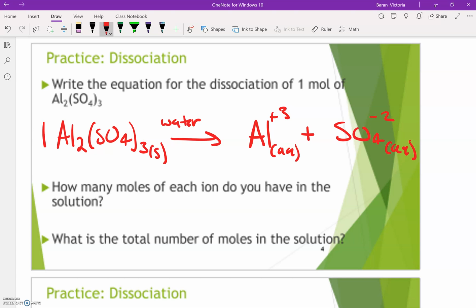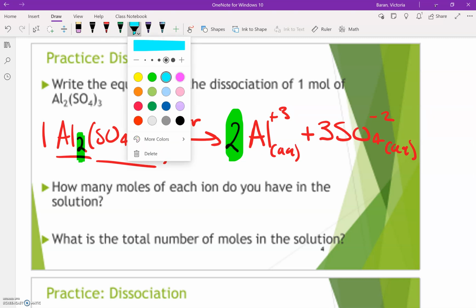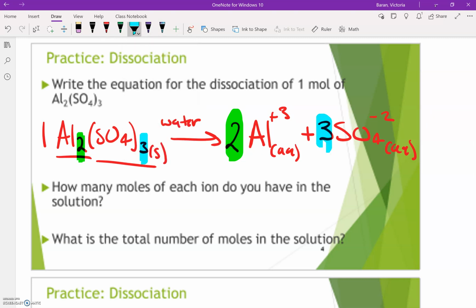Notice on this side of the equation, I have aluminum and it has that 2, so I'm going to write that 2 here. That's where the 2 is coming from. And also notice I have a 3 here for the SO4, so I have to put a 3 in the front of this. That's where I'm getting those numbers from, and this is to make sure that it is balanced on either side.